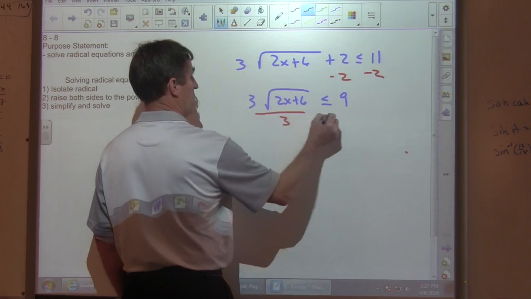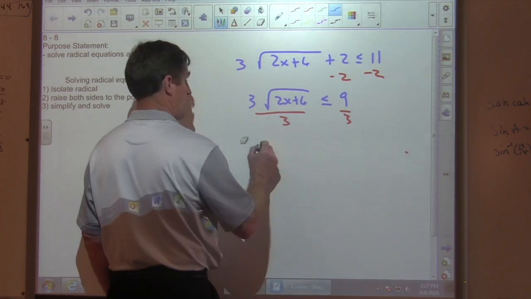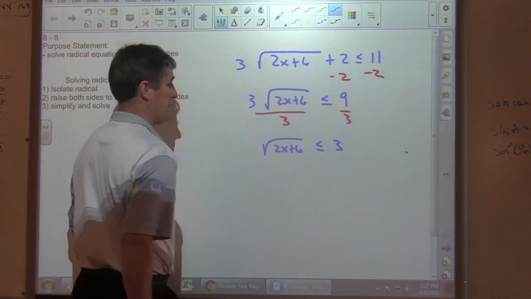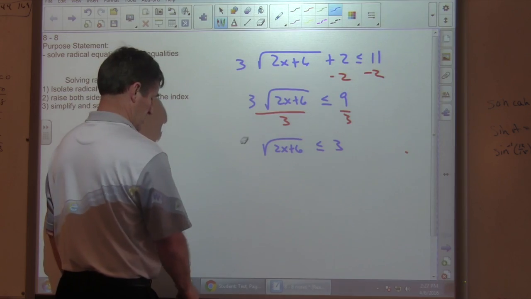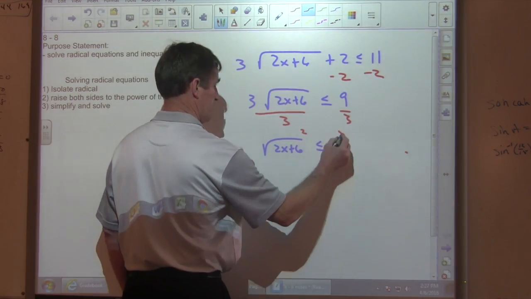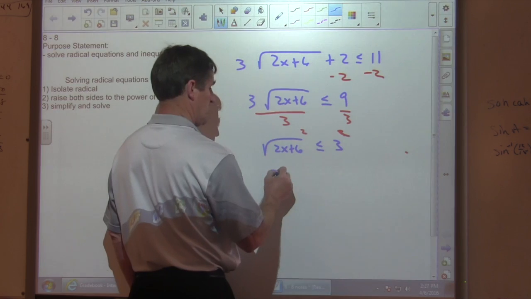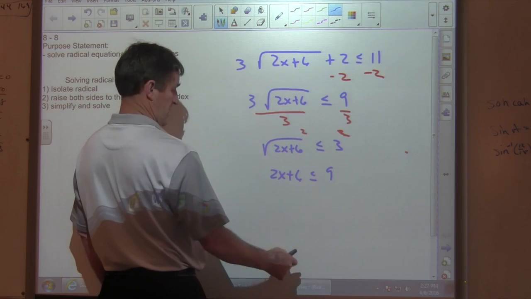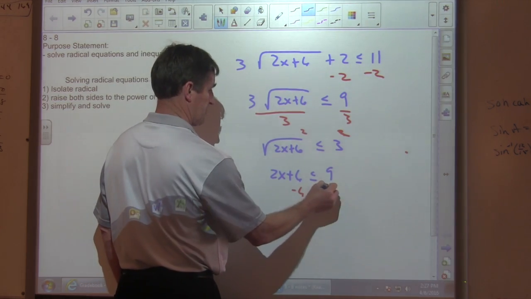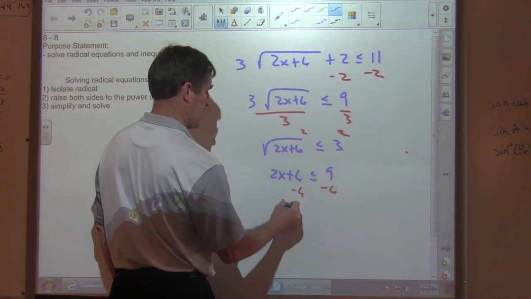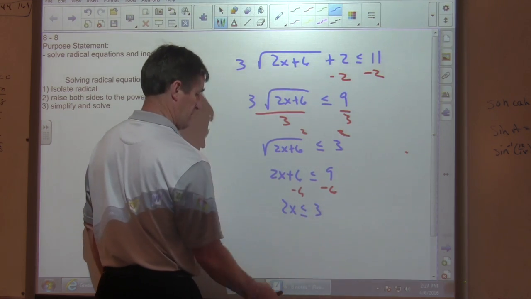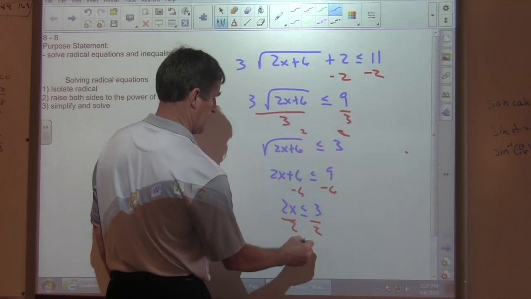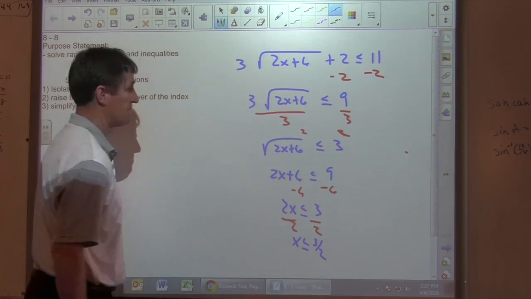Then we're going to divide by 3. And we get the square root of 2x plus 6 is less than or equal to 3. Square both sides. 2x plus 6 is less than or equal to 9. Subtract 6. So 2x is less than or equal to 3. And divide by 2. So x is less than or equal to 3/2.